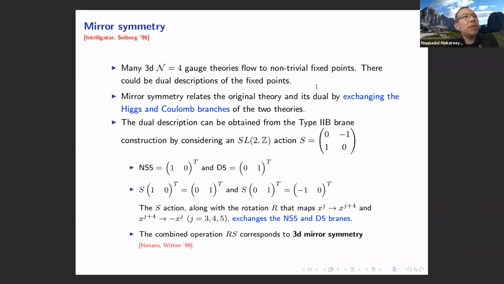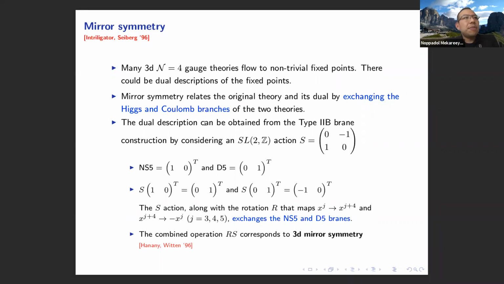There could be a dual description at the fixed point, meaning that there could be many Lagrangians that describe the same fixed point. Okay. And suppose that you have two descriptions, let's call them A and B. Mirror symmetry relates theory A and theory B by exchanging the Higgs and Coulomb branches of the two theories. Okay. So the Higgs branch of theory A becomes the Coulomb branch of theory B and vice versa.